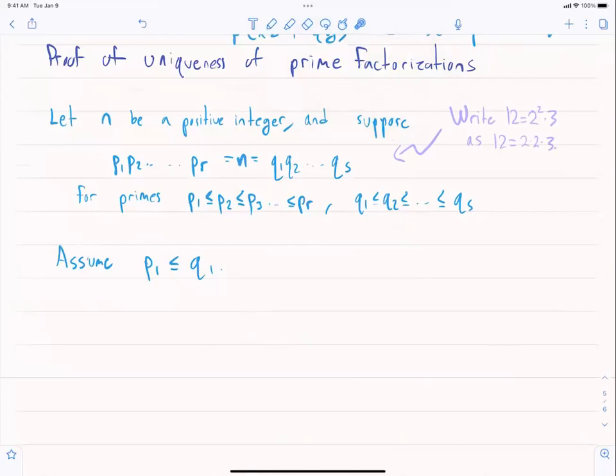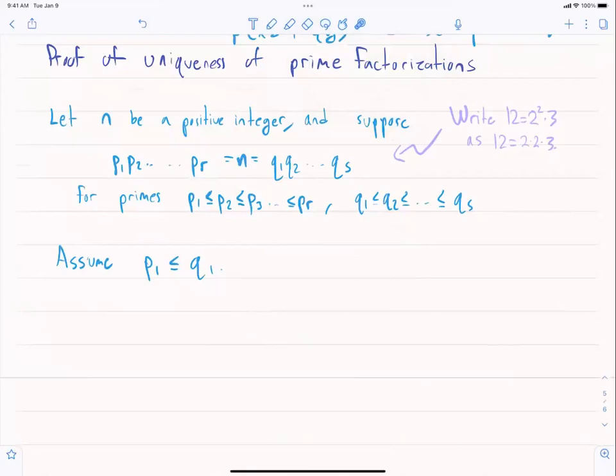I'm just expanding out each of these Pi to the Ai's. So for example, if 12 is 2 squared times 3, I just rewrite that as 12 is 2 times 2 times 3 to get this kind of expression. And so a priori, R might not be equal to S, it might not even be the same number of factors over here.